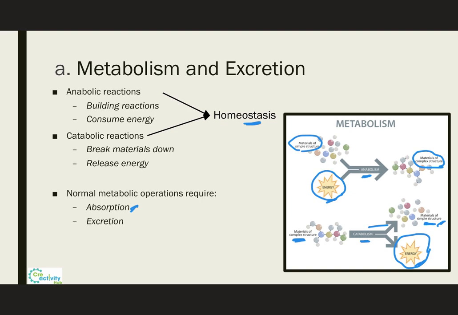As a result, all of these metabolic operations generate potentially harmful waste products that must be removed through the process of excretion. Excretion is the elimination of these harmful substances from our body.